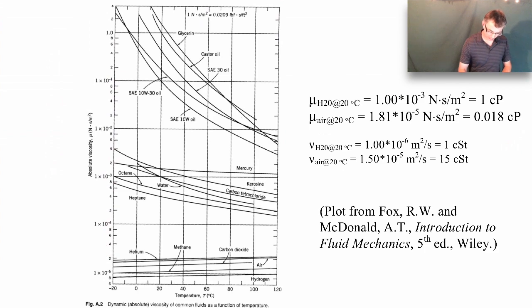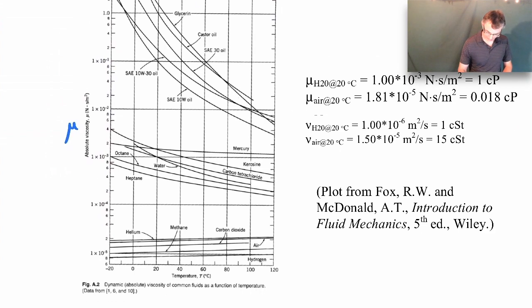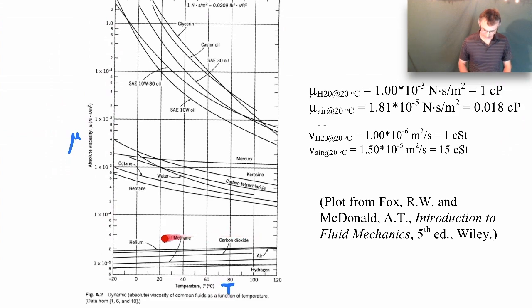And on the horizontal axis, we have temperature. Down at the bottom, we have the viscosities of various gases. For gases, if you increase the temperature, the viscosity goes up a little bit. You can see that down here at the bottom.